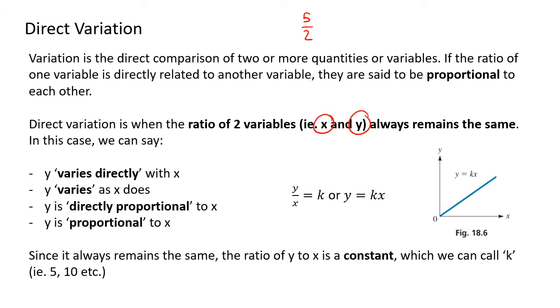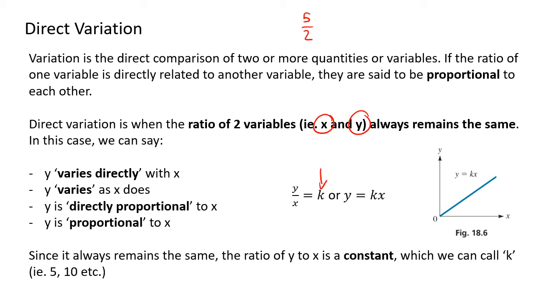If you have a ratio and they're directly related to one another, in other words, y and x are directly related, they're said to be proportional. What that means is that there's a certain number that you can multiply one of those by to obtain the other every single time, and we call that number k.